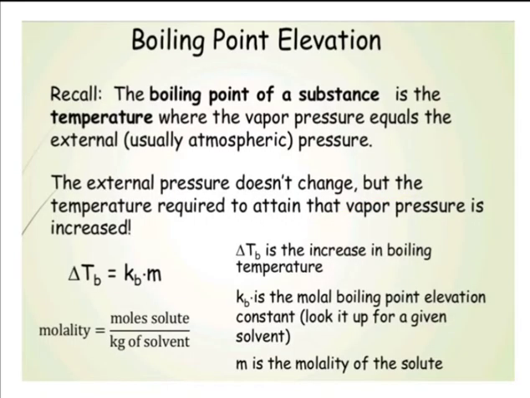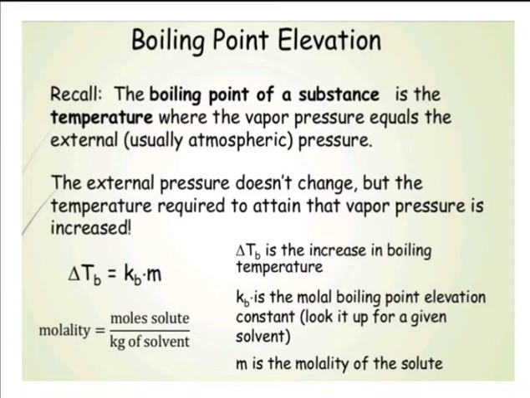Now, as you have learned the boiling point definition in 9th, 10th or 11th standard and so on, the boiling point of a substance is the temperature where the vapor pressure becomes equal to the external pressure, that is, the vapor pressure of the liquid equals the pressure of the surrounding atmosphere.